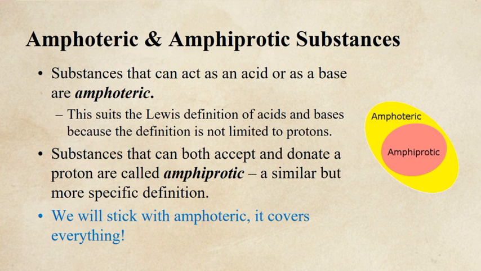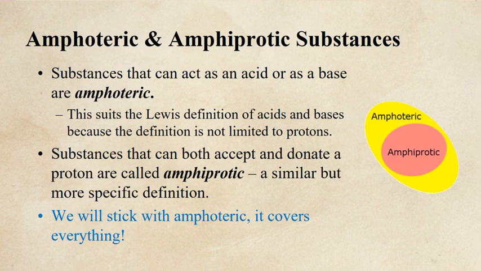Amphoteric and amphiprotic substances will be our last slide. This is a combo definition, but we're going to stick with amphoteric for our course. The reason is that when you get into amphiprotic, you're really narrowing your scope. And so amphoteric will take you all the way through organic. But anyway, substances that can act as an acid or a base are considered amphoteric. That covers everything. This suits even the Lewis definitions, because the Lewis definition doesn't focus on protons.